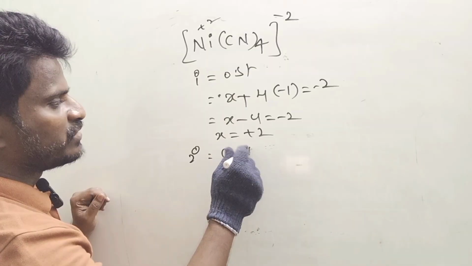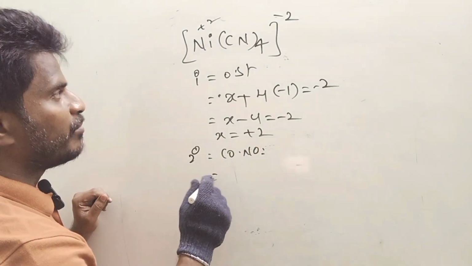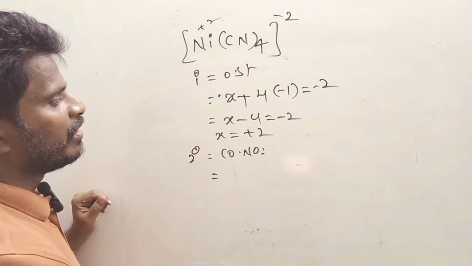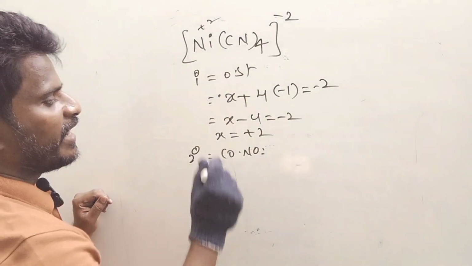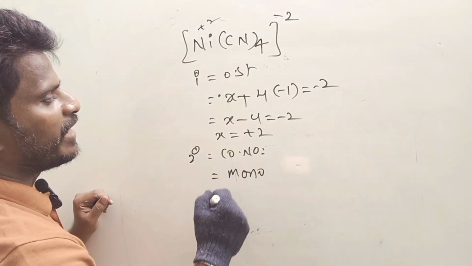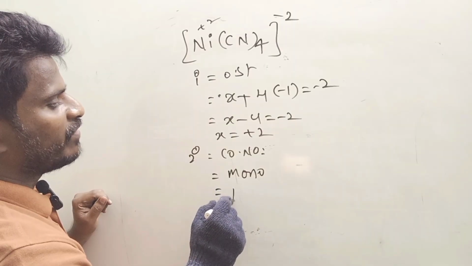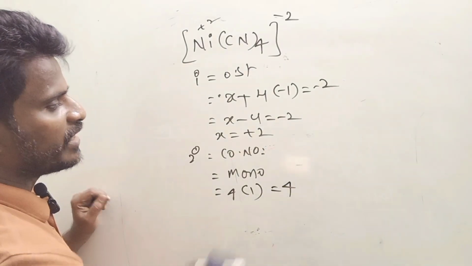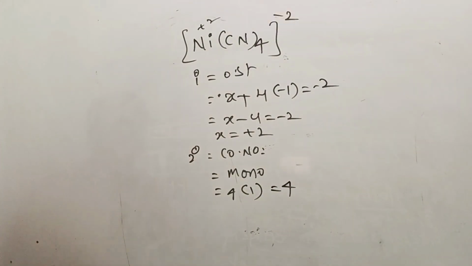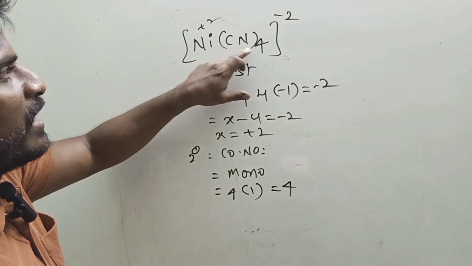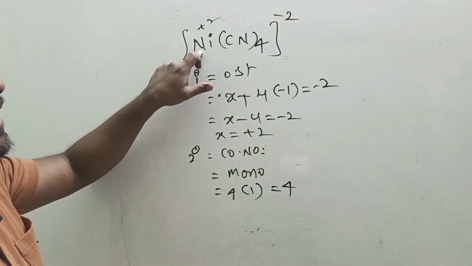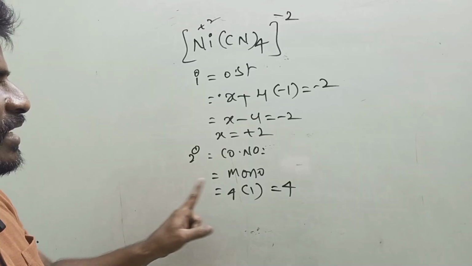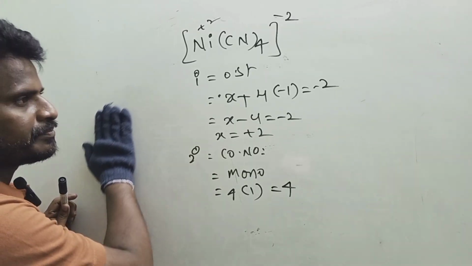Secondary valency is the coordination number, the number of bonds taken by the central atom. Each cyanide ligand is a monodentate ligand, then number of ligands into 1 is the secondary valency. Its secondary valency is 4. Tetracyanonickelate complex has primary valency 2 and secondary valency 4.